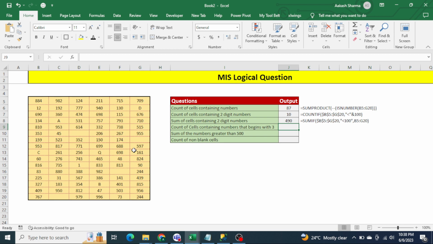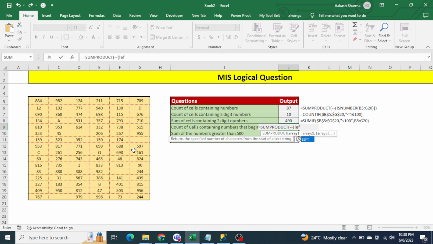Here I would be using equal to SUMPRODUCT. In SUMPRODUCT I would give the LEFT function. In the LEFT I would give the entire range, equal to 1. Whatever the numbers are, I am picking the first character, the first value of the cells.